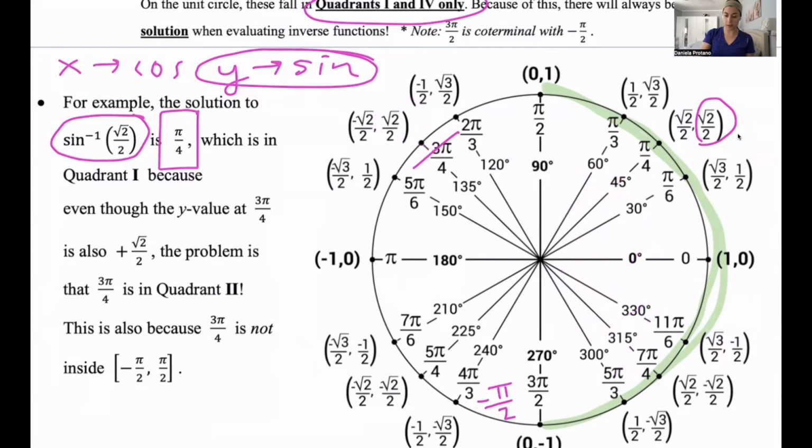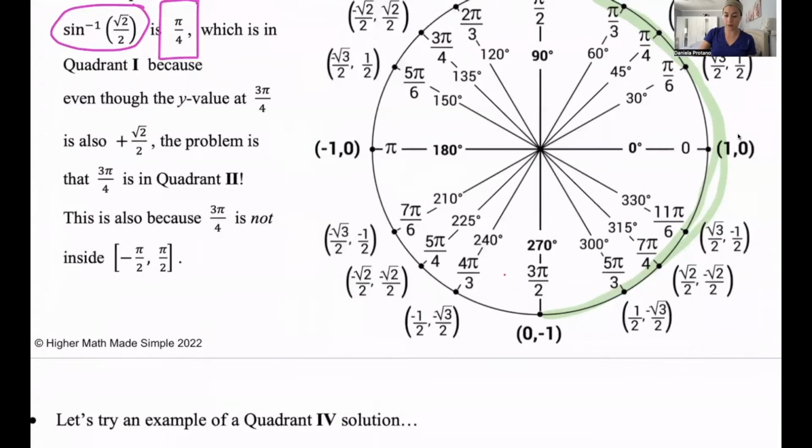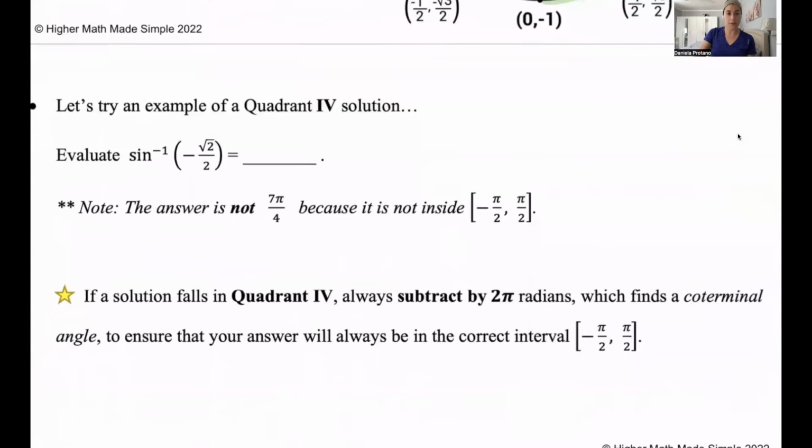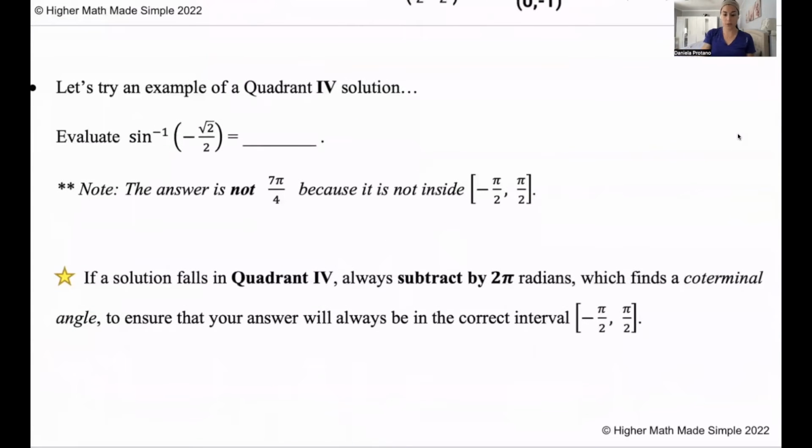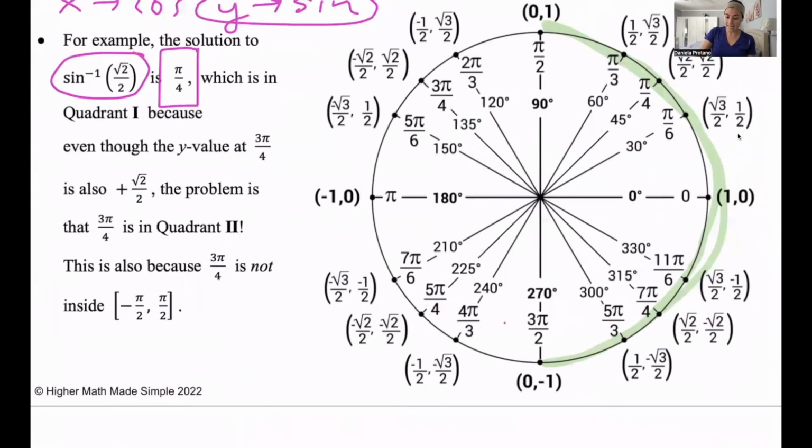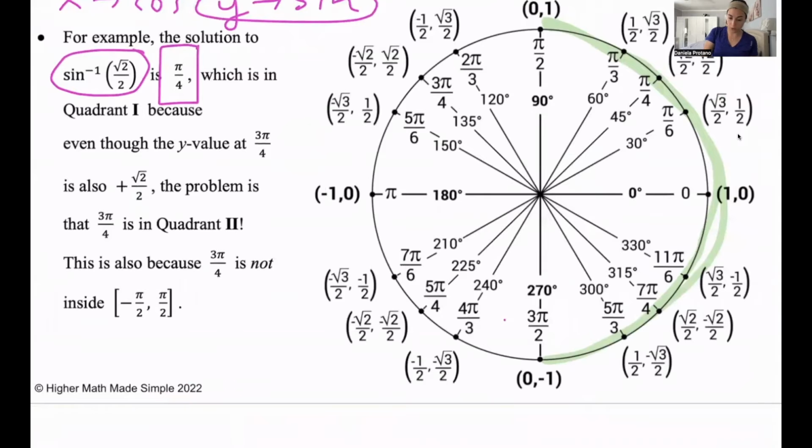Let's take a look at what if we had a quadrant 4 solution. When you do this, there's going to be an extra step because you're going to have to find the coterminal angle. So we're going to try an example. Here is a quadrant 4 solution. What if you're asked where the inverse or arc sine is negative square root of 2 over 2? In other words, we're going to look at where the y value, because we're dealing with sines here, is negative square root of 2 over 2.